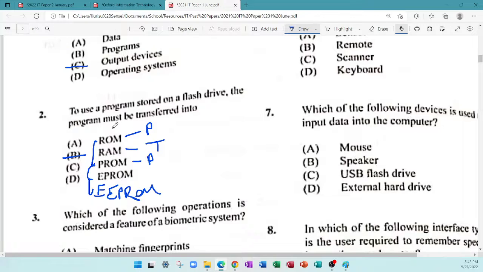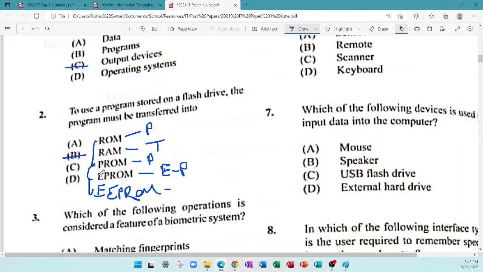With ROM, you can't change it. So they created PROM. You can program it. You buy the chip and you can program it one time. Now EPROM, you can erase the data, so you can erase and program it back if you want. And then you have EEPROM, which gives you another method of erasing.